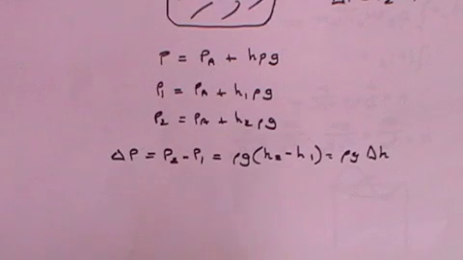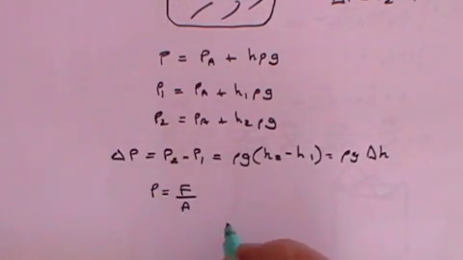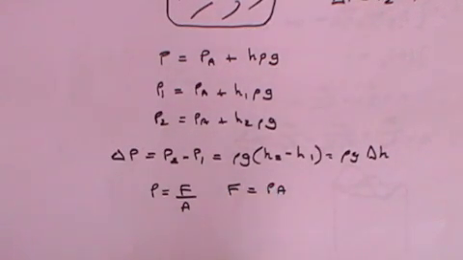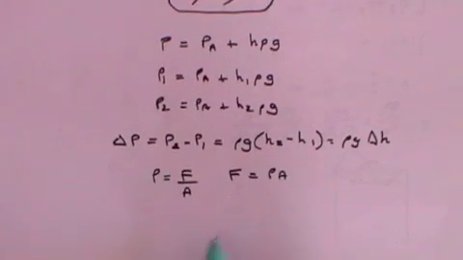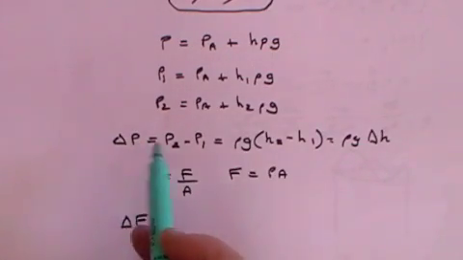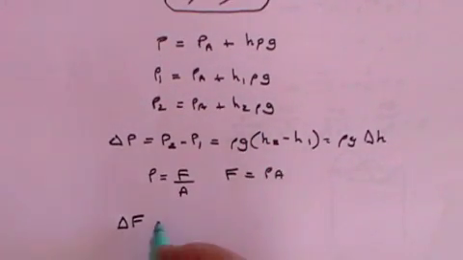Now let's remind ourselves that pressure is defined as force over area, and therefore force is equal to pressure times area. So if we take this delta P, we can say that the difference in the force between these two points is equal to the difference in the pressure times the cross-sectional area.